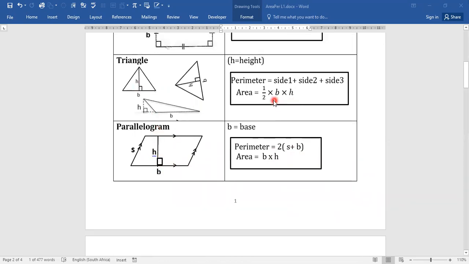Remember, the area of a triangle is half base times height. Now, 2 triangles will make your parallelogram. So therefore, 2 of these triangles, 2 times half base times height, is actually equal to base times height. So area of parallelogram is base times height. And just to quickly show you, there's your triangle here.